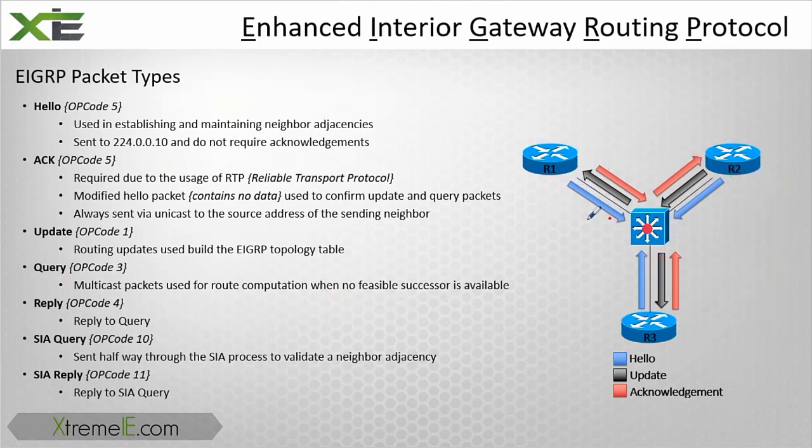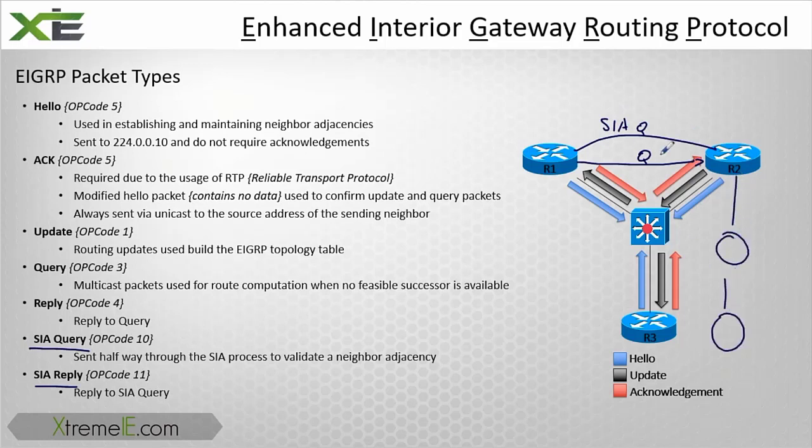And so what we did was we implemented an SIA query and an SIA reply. What essentially happens here is that after the query packet is sent, halfway through the active process, router 1 is then going to send the SIA query and say, hey, listen, you haven't responded with a reply packet, obviously because we know that router 2 is asking his further down neighbors.